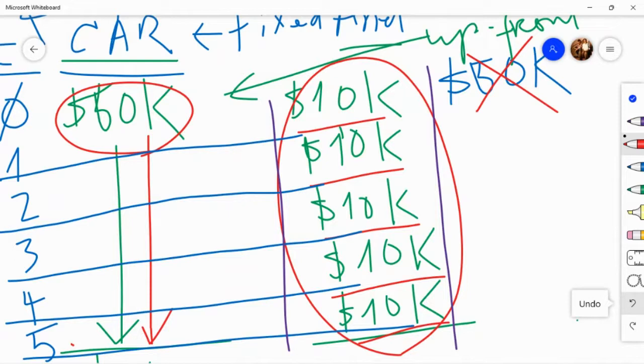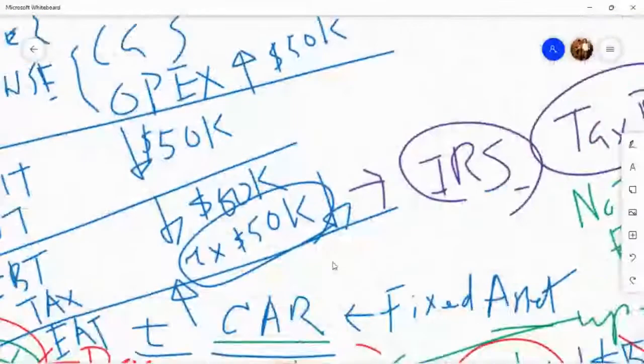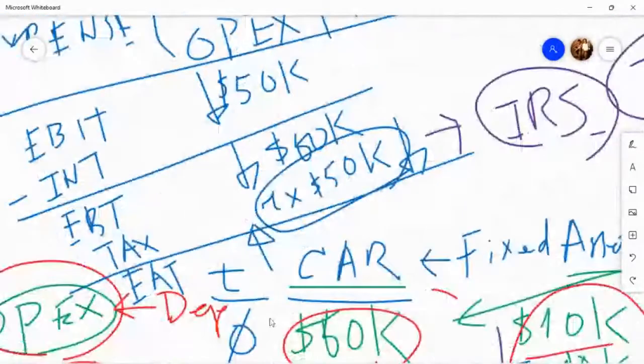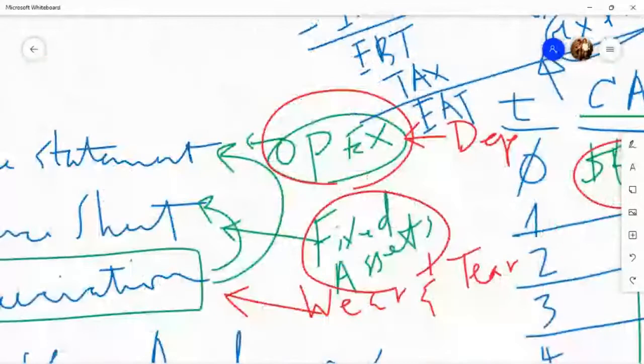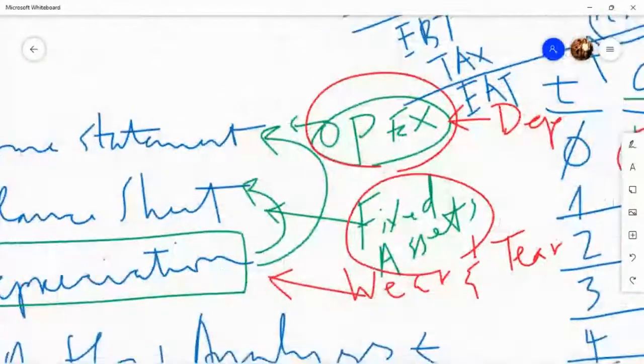The service life of the assets is predetermined by the IRS. For vehicles, usually it is 3 to 5 years. That's why depreciation is shown, that's why depreciation is appearing in the operating expenses, right?